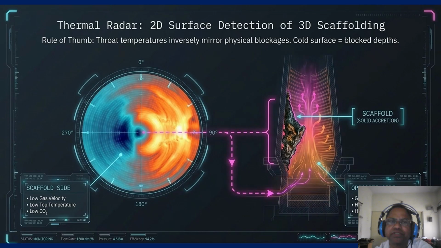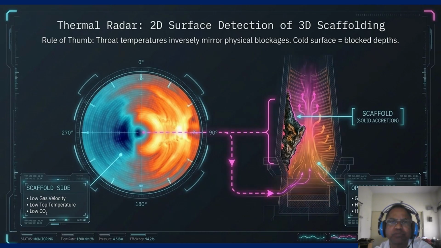A cold surface doesn't mean a cool furnace. It means a blocked depth. If you don't clear that scaffold, you will eventually burn out your staves on the opposite side due to channeling. Detecting blockages is step 1.